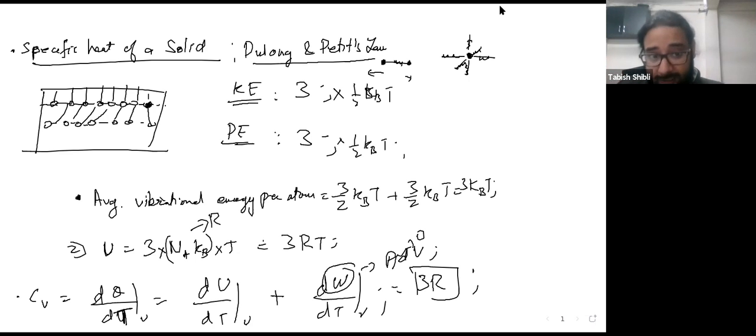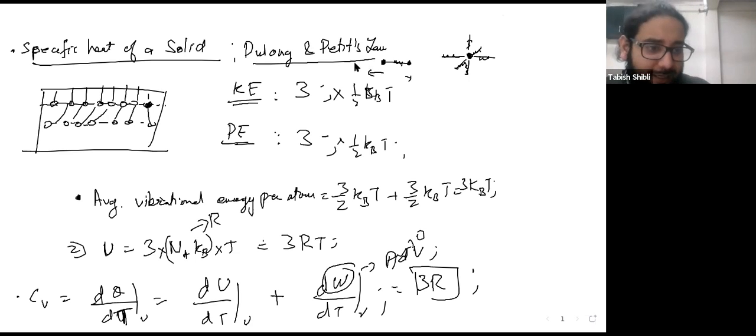It comes from the fact that the atoms that are arranged, they're stuck there and they can only vibrate. So the total number of degrees of freedom is just three, and all three degrees of freedom are vibrational degrees of freedom, and hence they have both kinetic energy and potential energy parts, and so the total energy per atom is 3 kBT, and hence the CV is 3R. This is known as Dulong and Petit's law.